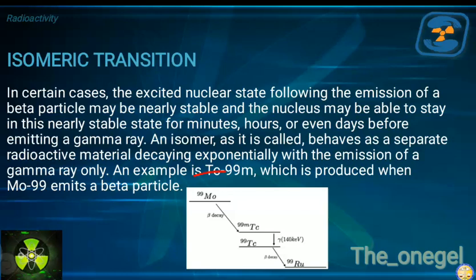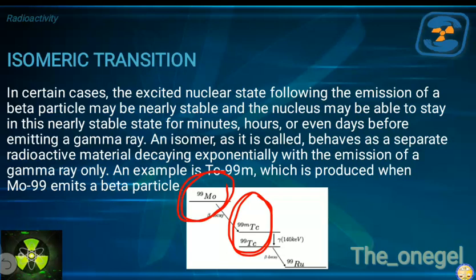Halimbawa dito, molybdenum-99 nag-emit ng beta particle. So, what follows next is nag-convert siya into technetium-99. Okay, so molybdenum, element number 42 or the atomic number is 42, whereas the technetium has an atomic number of 43.